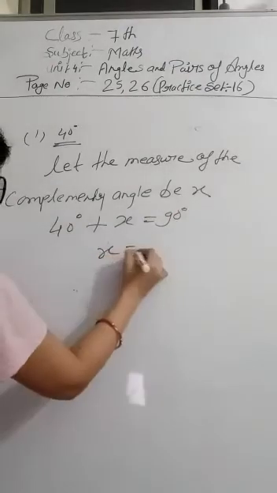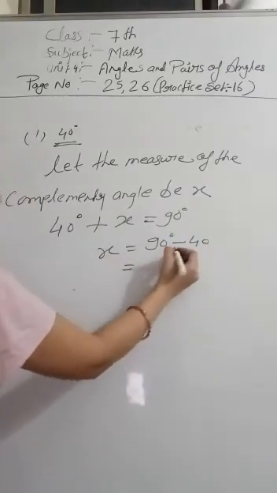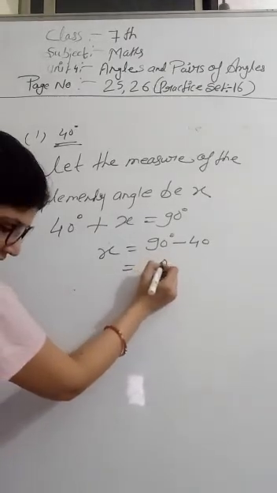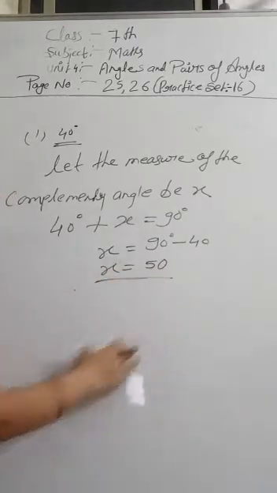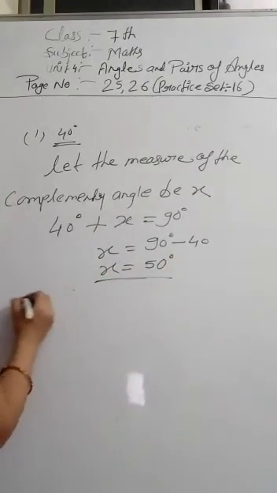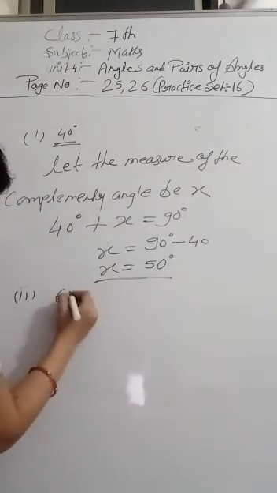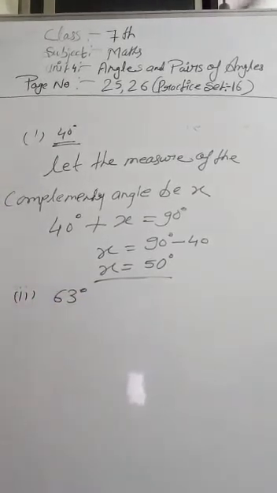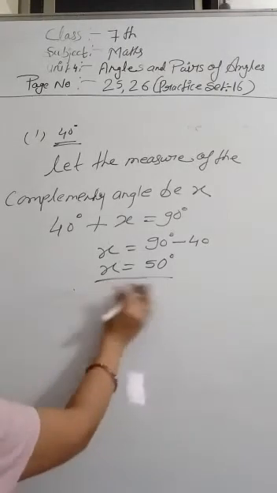Okay, now x equal to 90 minus 40. Now 9 minus 4 is 5. So here we will find x equal to 50 degree.